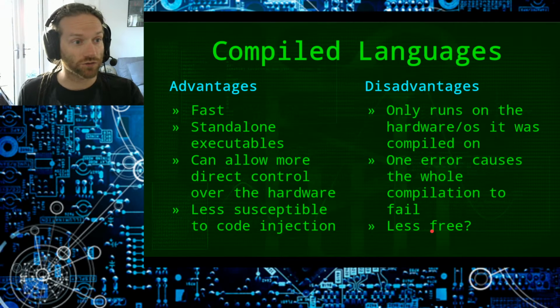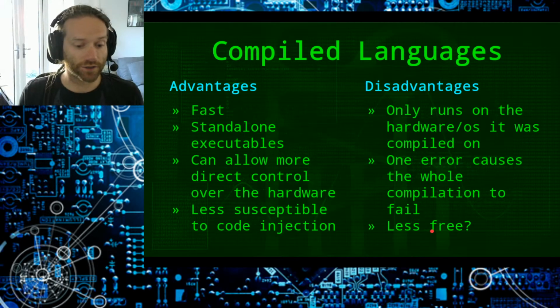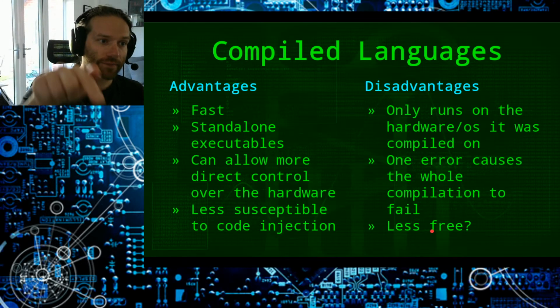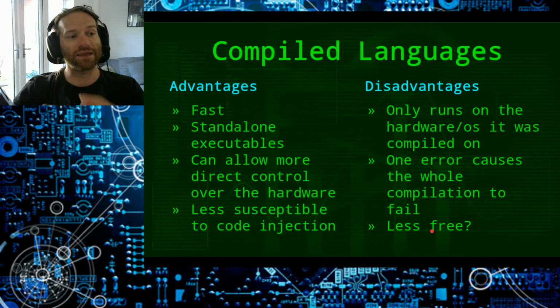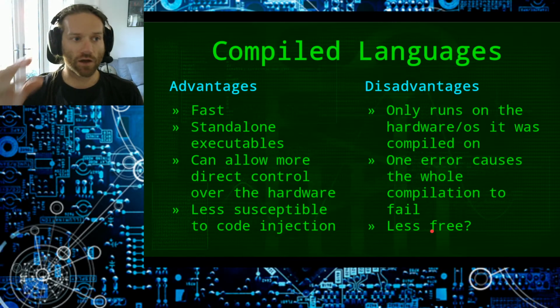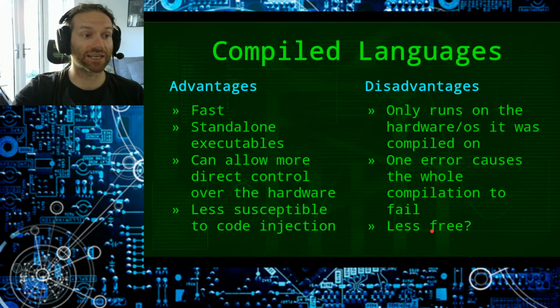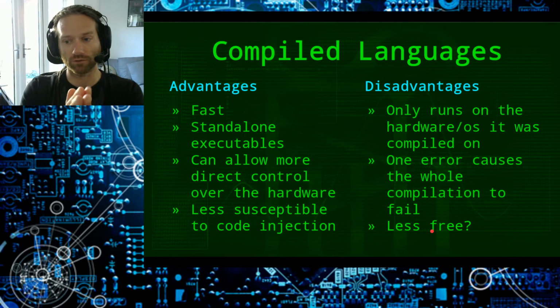I download the source code from GitHub, compile the code, and then install it onto my machine. But Jenny makes the key point here: it means less freedom to edit those programs if they are distributed as an executable.